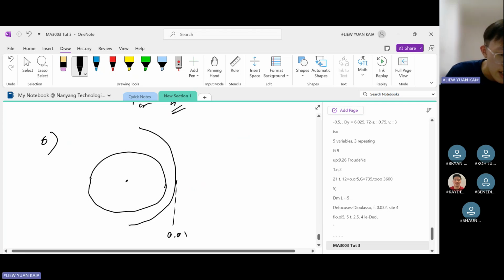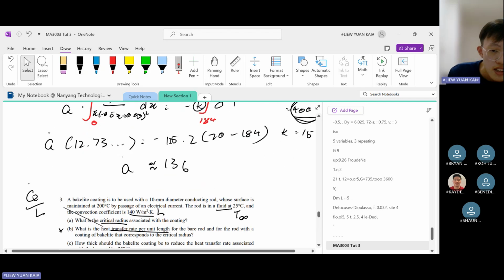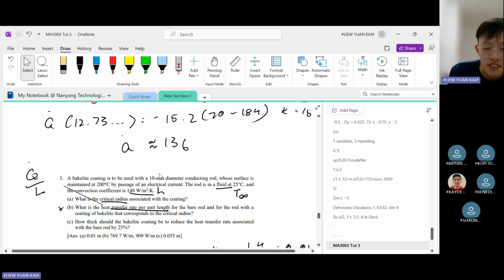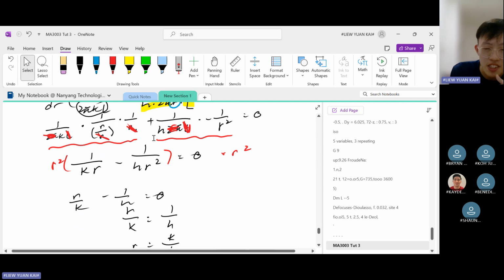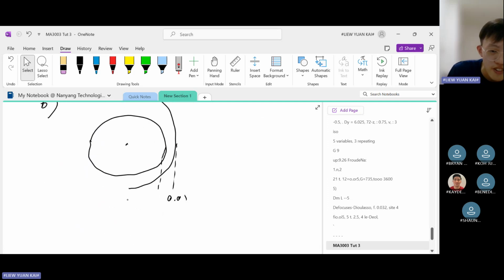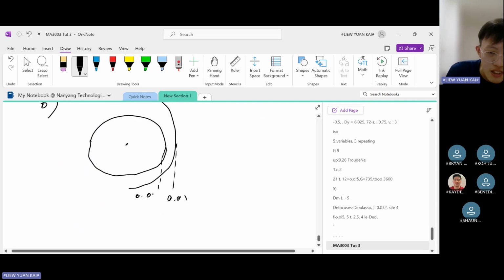And this, because they say the diameter is 10 mm, which is 1 cm, which is actually 0.01. So 0.01 divided by 2 will give me a radius of 0.005. I hope this is clear to everyone. Where did I get this 0.01? This is the R critical that they say just now. They say the bakelite corresponds to the critical radius.